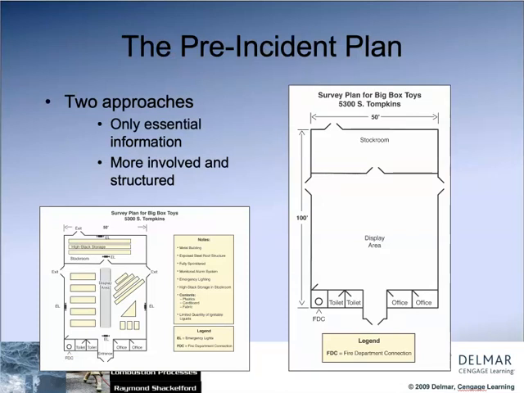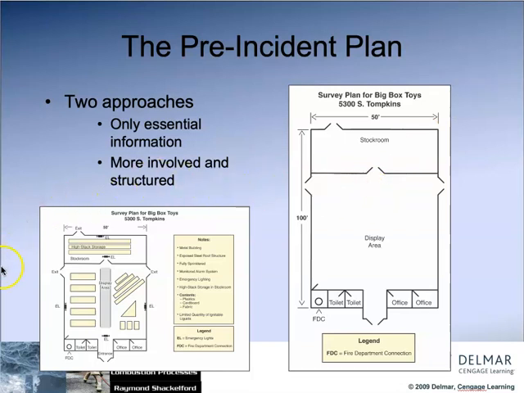So we go out, and when we do it, we want to collect data and information. Now, sometimes we're just going to get something basic and get a basic plan, and where's the hydrants, where's the fire department connections, what's the basics, the essential information.